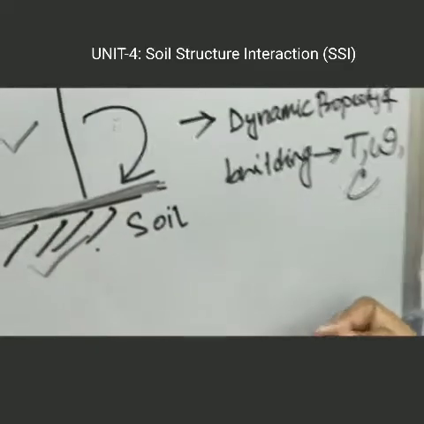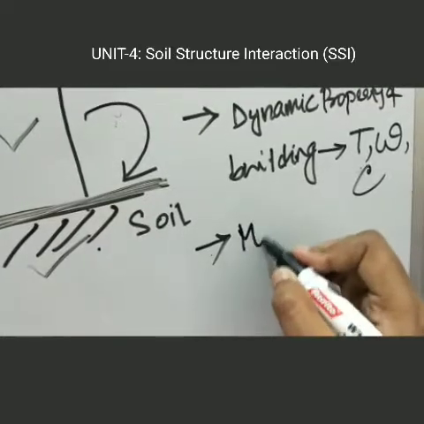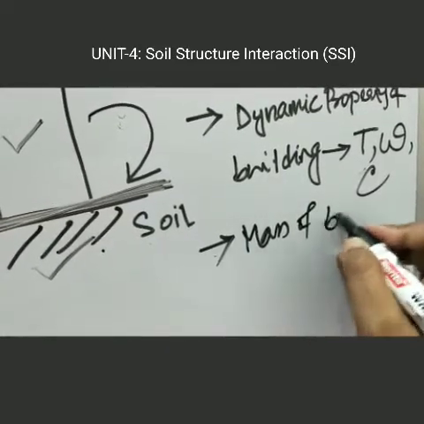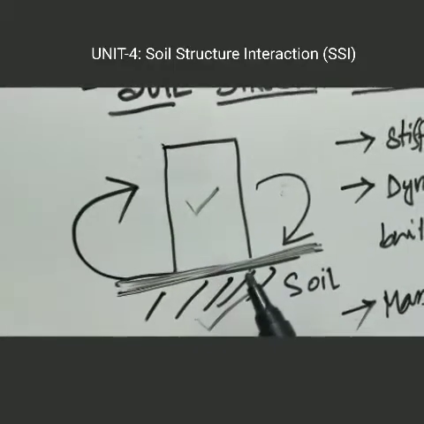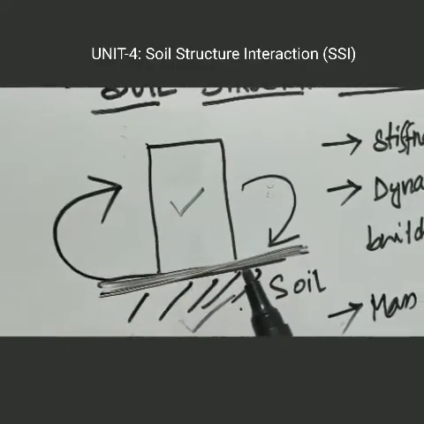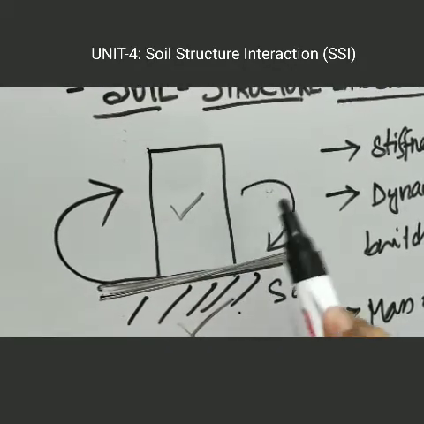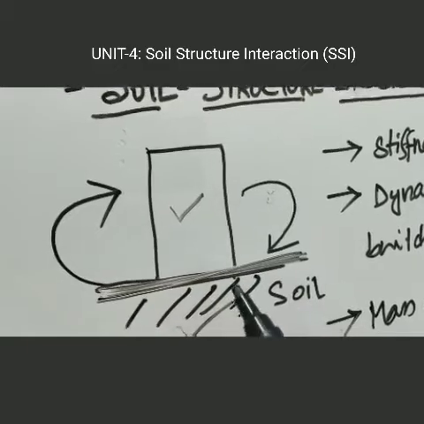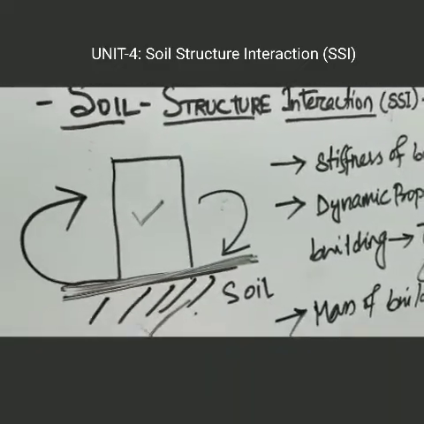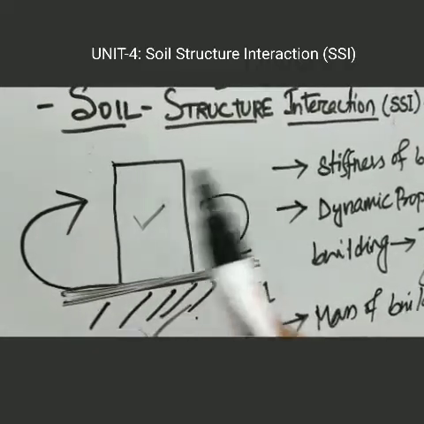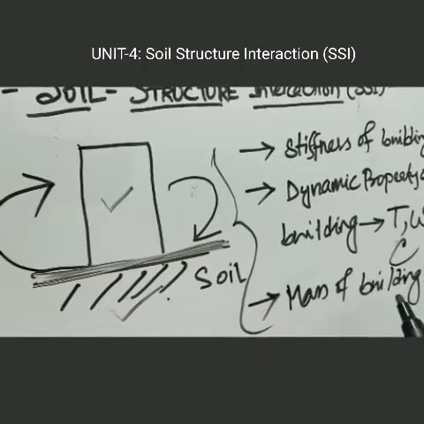Damping is denoted by C. And the other one is the mass of the building. If the building is very huge with a huge mass, the vibration of the building will be different, and the effect on the soil will be different than for a smaller building with smaller mass. Is it clear?